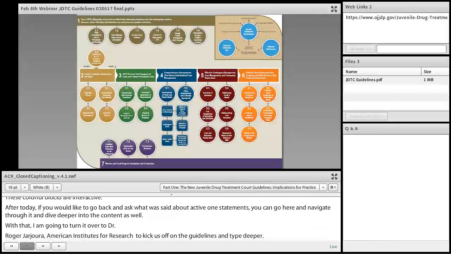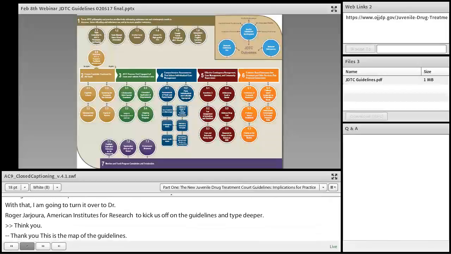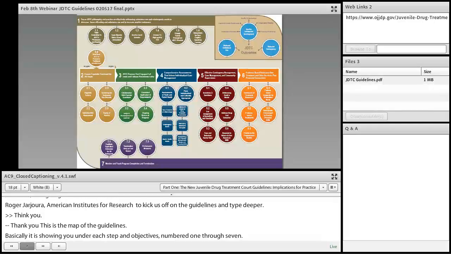So this is the map of the guidelines. What this basically shows you is each of the 7 objectives, numbered 1 through 7. Then you can see the individual guideline statements in the circles. Under Objective 1, we have Guideline 1.1, Guideline 1.2, and so on.